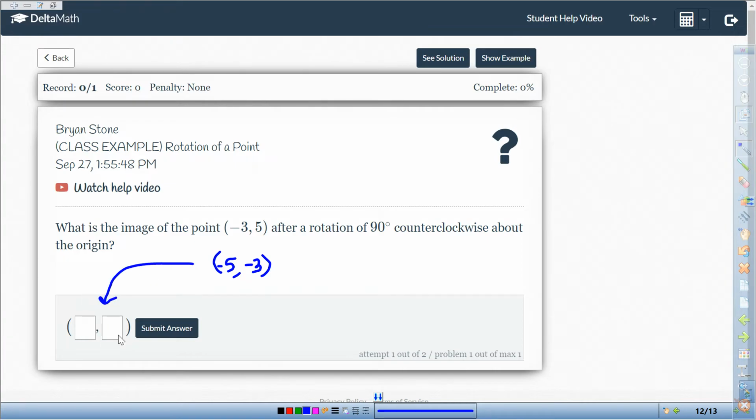The big thing I want to point out, I've seen a lot of people make the mistake that when they swap their numbers, they'll then change this negative 3 into a positive 3. We are not touching our x when it comes to a 90-degree rotation. So if it's a negative 3 and you move it, it is staying a negative 3. Don't change its sign because we don't touch the x. We only touch the y when we do a 90. So be careful with that.